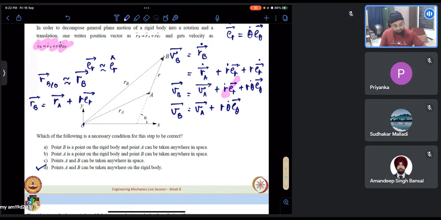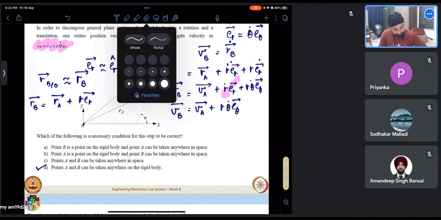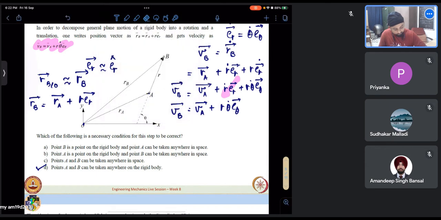If I consider a body like that, if that is my rigid body, then r dot is 0 because r is a fixed quantity. It doesn't undergo any deformation. So r lies within that rigid body, which is why points A and B can be taken anywhere on that rigid body itself.